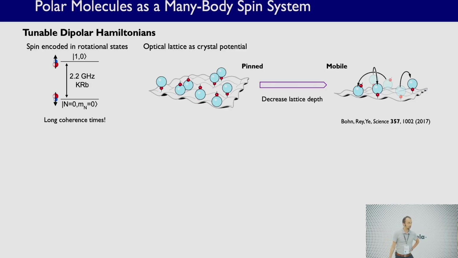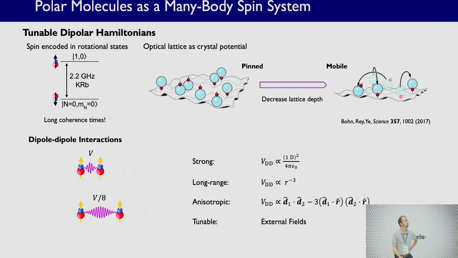And then we use the dipole-dipole interactions to generate strong dipolar interactions that can be of nearest neighbor or even next nearest neighbor length scales. So these are strong interactions, they are long range, they're anisotropic and tunable with electric fields, external fields.